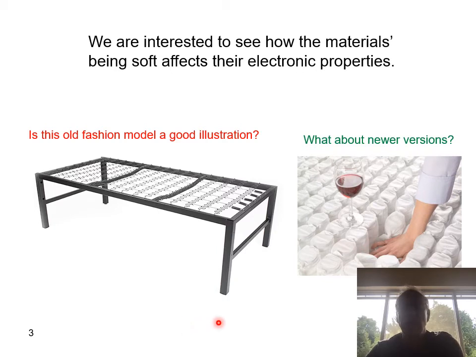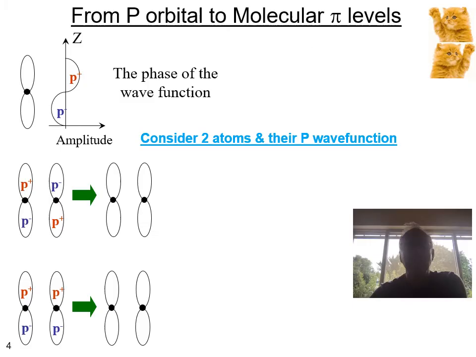And the deeper question is which one is better suited for this lecture, and I'll let you decide as we go along. It looks like a bit of nonsense, but there are some deep differences between these two beds, and they do reflect in the electronic properties.